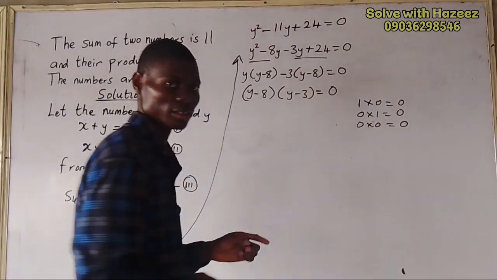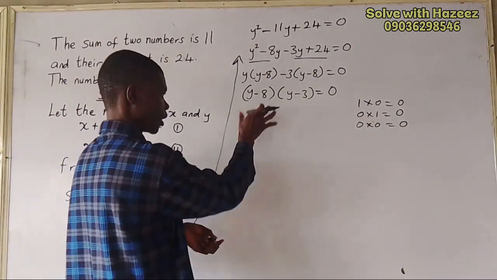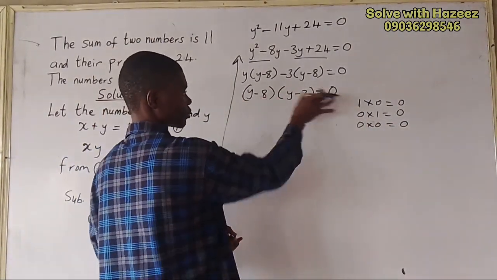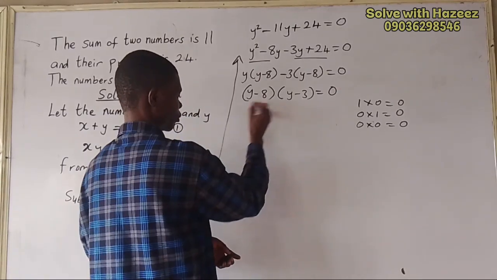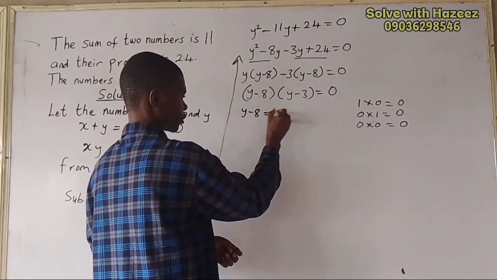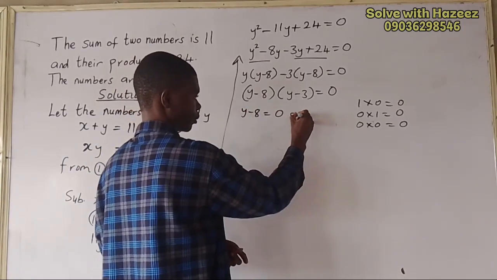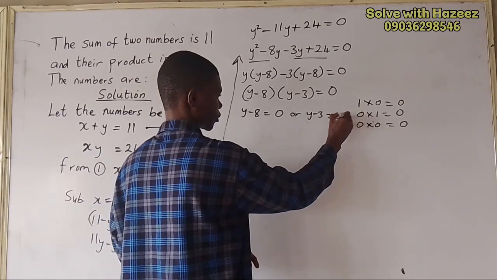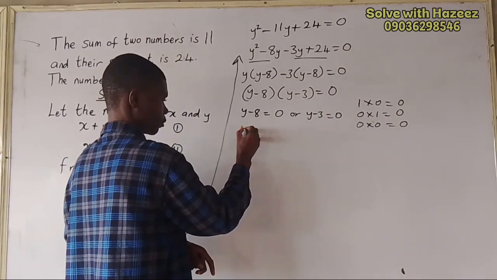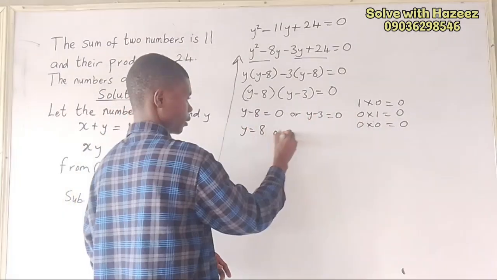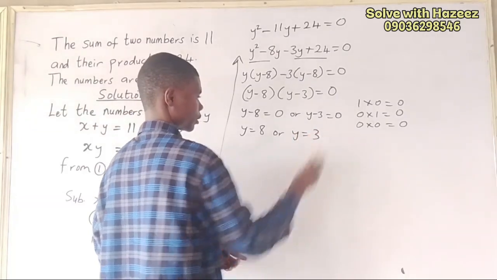These are the three cases. So here we are going to let each of those factors be equals to 0. So we have y minus 8 is equals to 0, or y minus 3 is equals to 0. This is going to be y is equals to 8, or y is equals to 3.